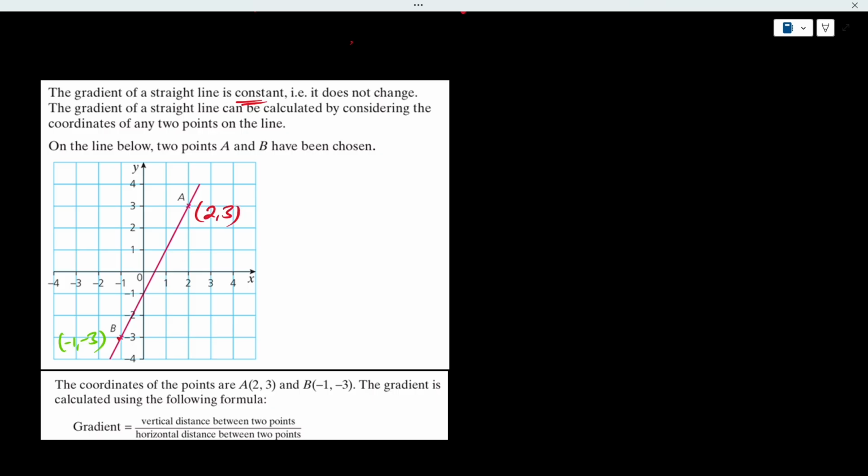Now I am saying that the gradient or slope is how much is the tilt, right? The line can be like this, or like this, or the line can be like this also. But what is this tilt? That's called slope or gradient. How do we calculate it? Now if you see here, this is the vertical distance and this is the horizontal distance, right?